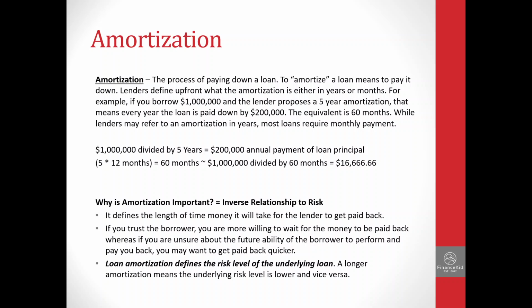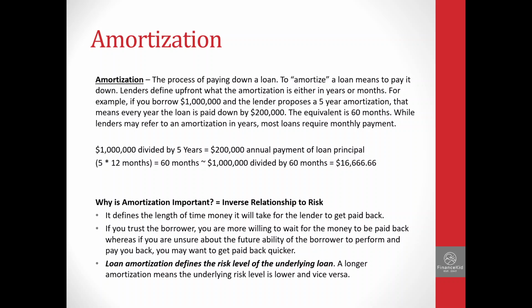Now, the opposite: if I don't trust you, or it's an unsecured loan, or I'm unsure about the future, you naturally want the amortization to be shorter, because I want to get paid back faster. I want to recoup the money that I put out there and get some interest for it, but I don't want to wait for my money too long.